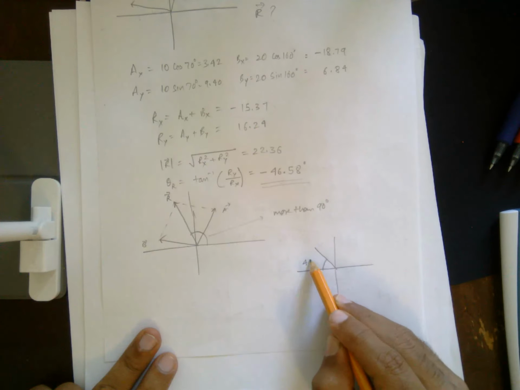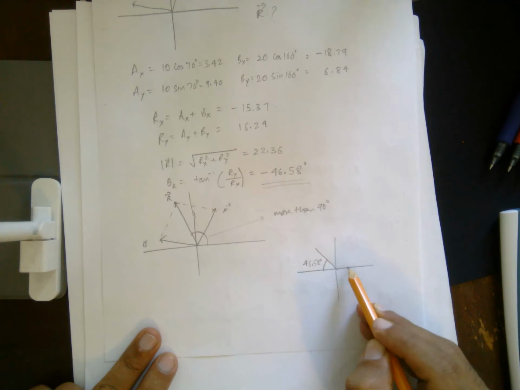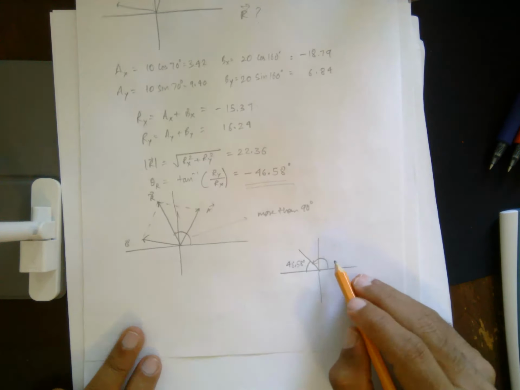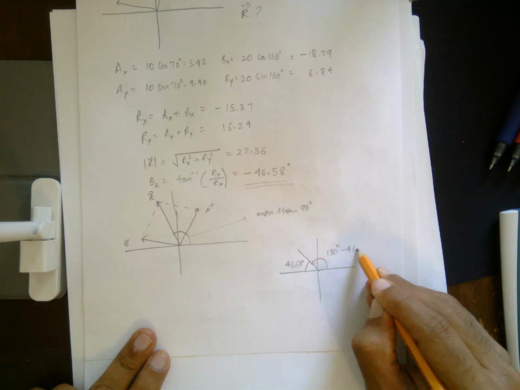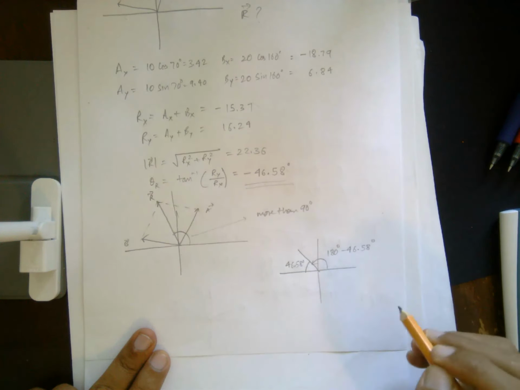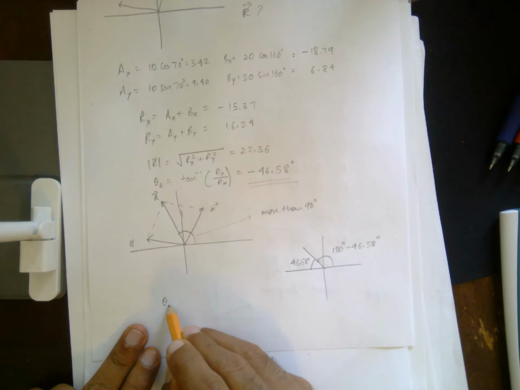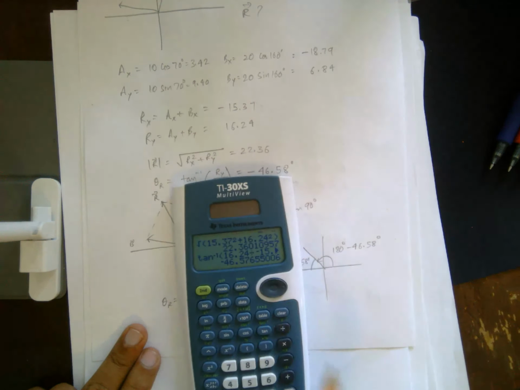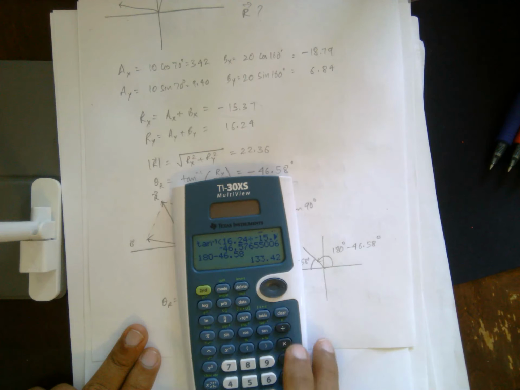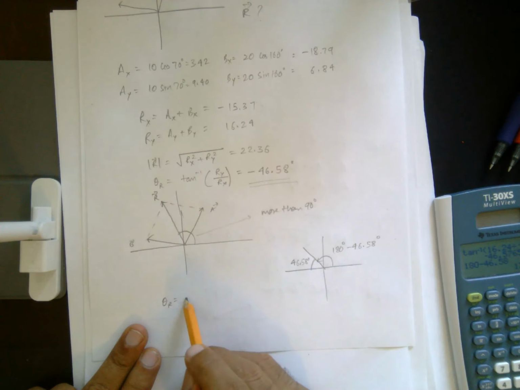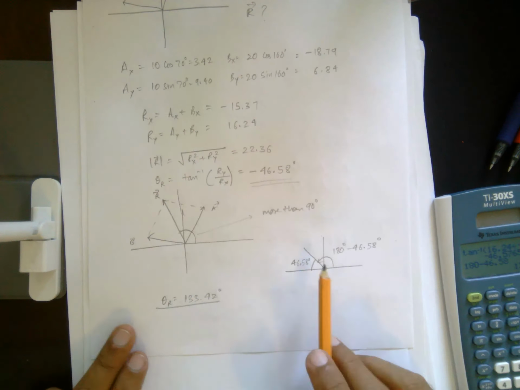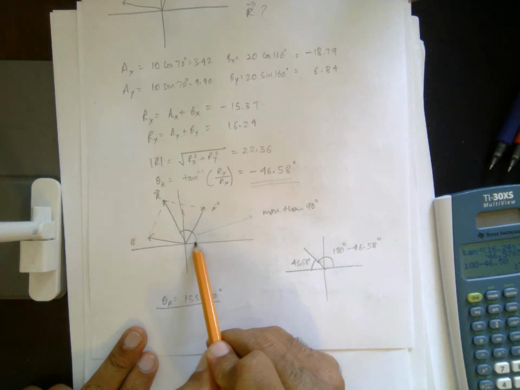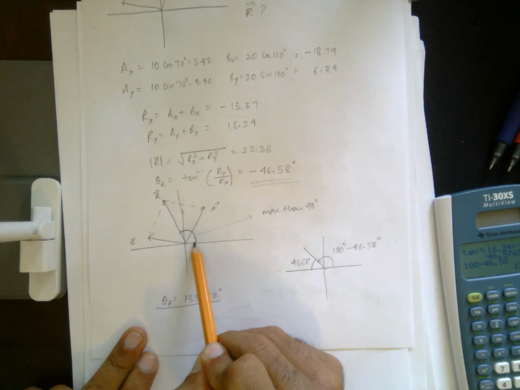It's 46.58. So to find this angle, you're going to have to do 180 minus 46.58 degrees. So your value for the direction of R is going to be 180 minus 46.58. It's 133.42 degrees. Which now makes sense because that's how the angle is measured from the positive x-axis.